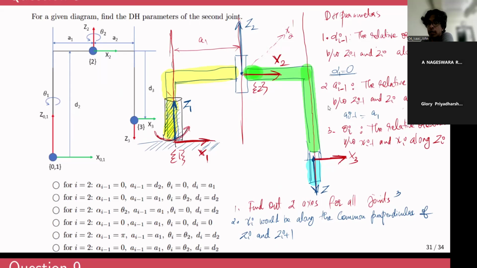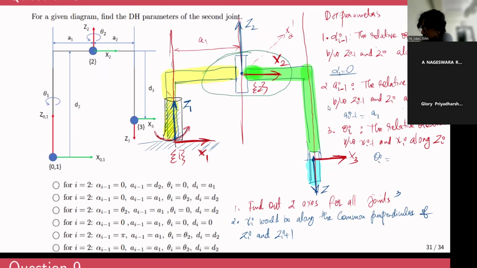So maybe at one configuration, if x1 and x2 are parallel, theta i would be 0, right? But since this is a revolute joint, x2 can be oriented anywhere, parameterized by the joint variable theta 2, because x2 can be anywhere within this circle.